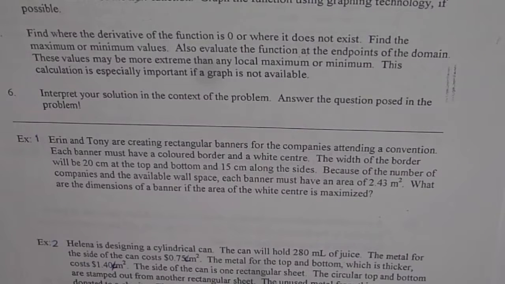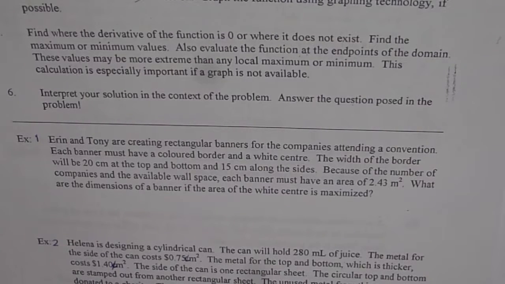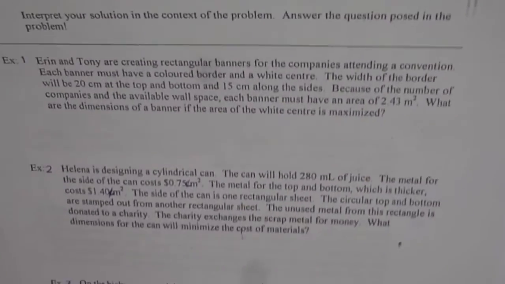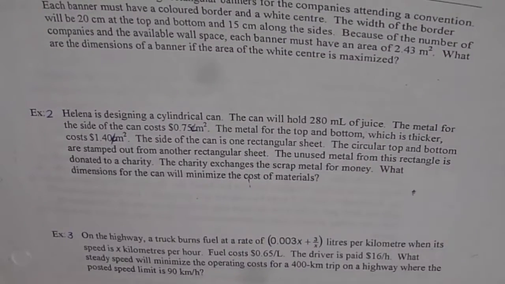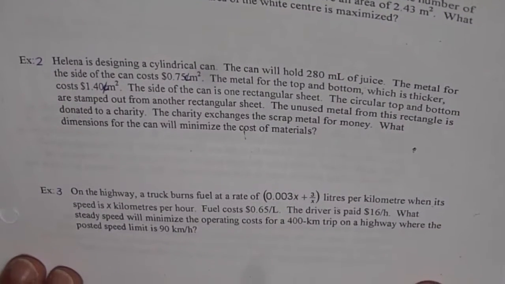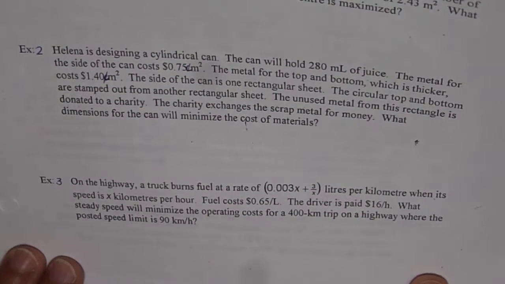I'd like you to pause the video and copy these questions one by one. We will discuss 6 examples. You can copy example number 1, and here are examples number 2 and 3. Copy example 2 and then example 3. Correct?